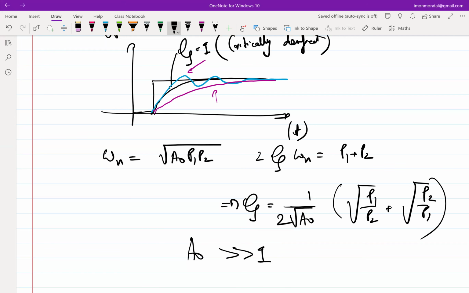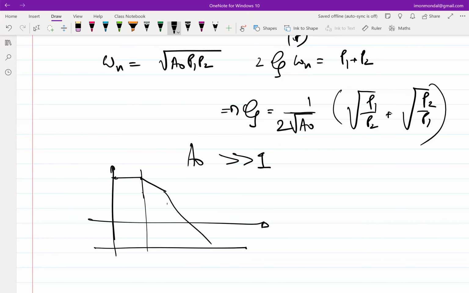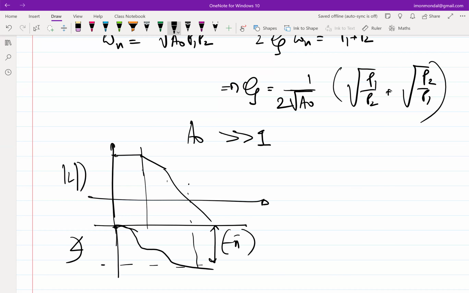So that should be evident from your existing knowledge of phase margins also, because if A0 is very high and P1 and P2 are close by, and if you plot the phase, you should see around UGB, you will hit minus pi, right?